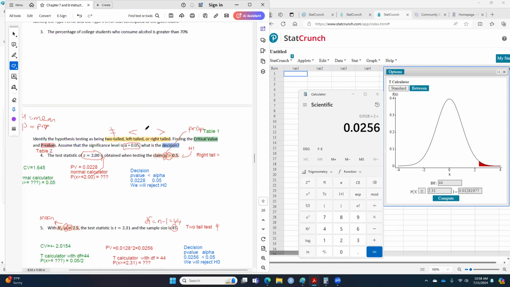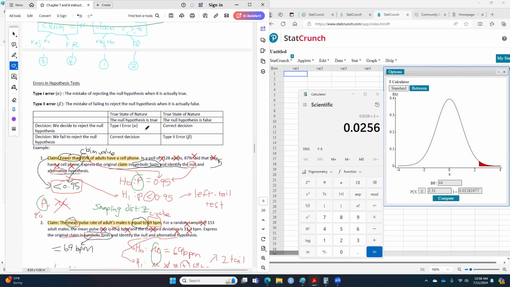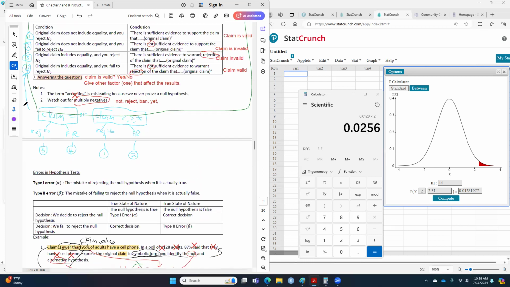So let's take a look at how this will go. Okay, so we have: does the claim have equality or inequality? This is the right track we're going to go. We're not going to go through this track for this question. And then we reject or fail to reject. We fail to reject. So we will take conclusion number 2 in this case.